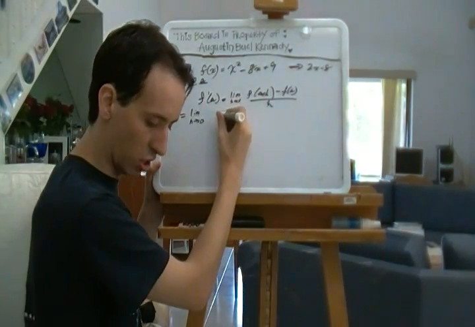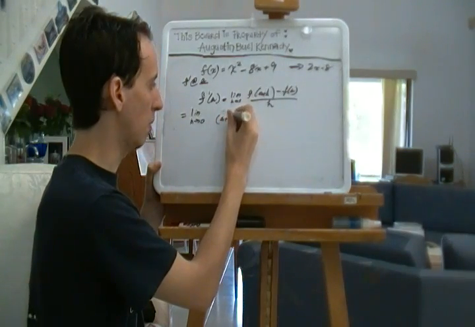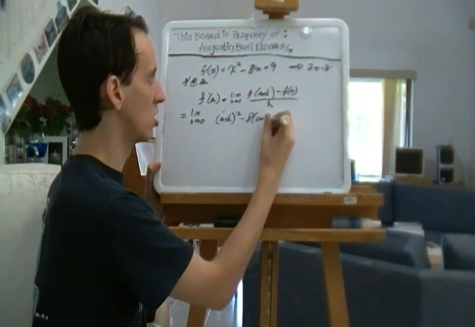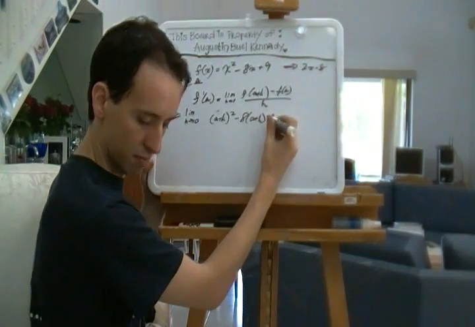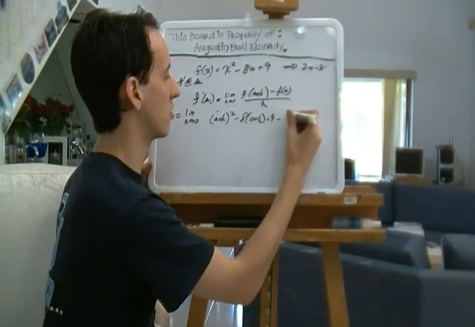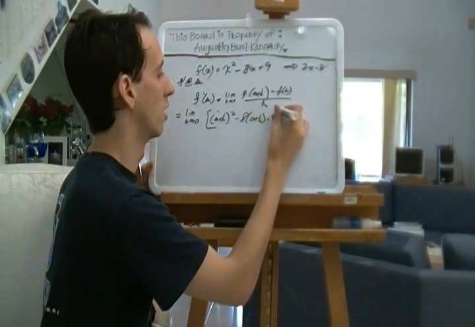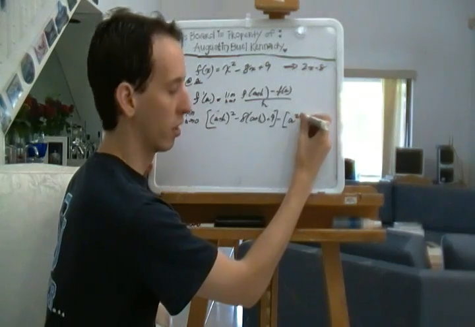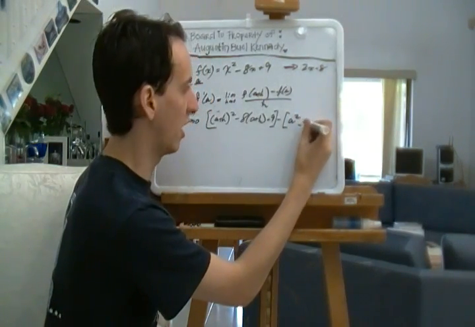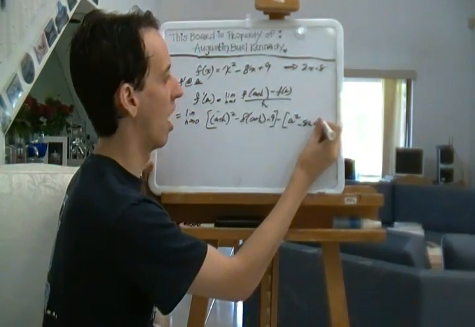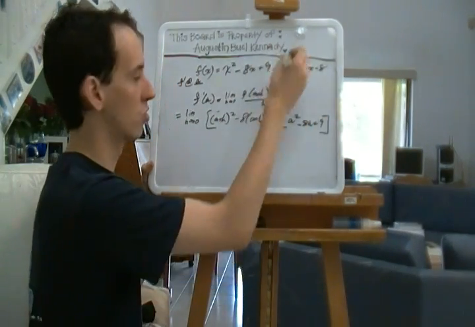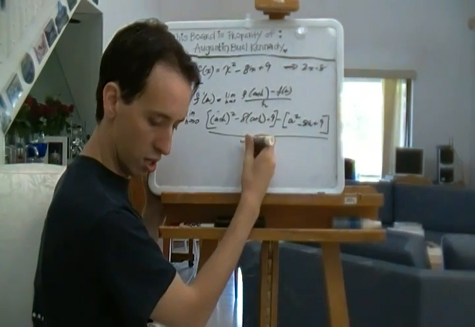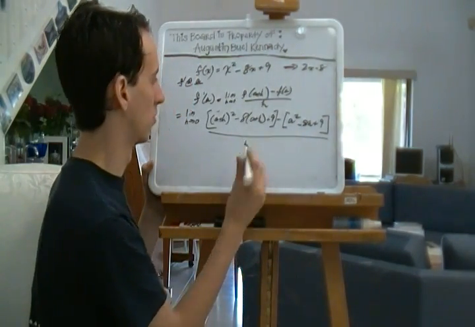Limit as that approaches 0 of a plus h squared minus 8 times a plus h plus 9, okay, minus that quantity, minus f of a, which is a squared minus 8a plus 9, over h. Notice how we just replaced x with a plus h.